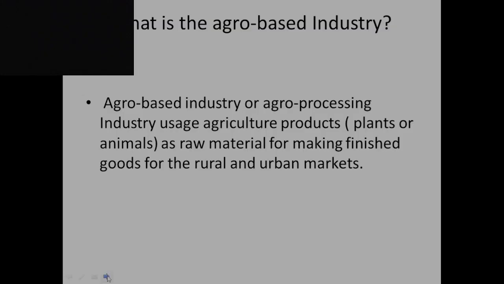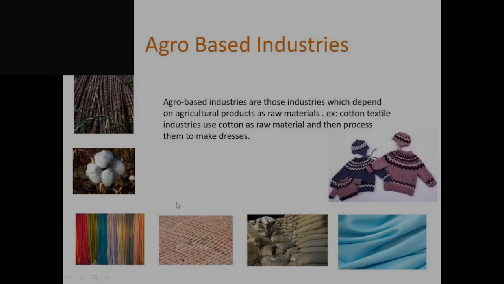So first, what is agro-based industry? Agro-based industry or agro-processing industry uses agriculture products or plants as a raw material for making finished goods for the rural and urban market. Dear students, you can define agro-based industry like that also: agro-based industries are those industries which depend on agriculture products as a raw material.